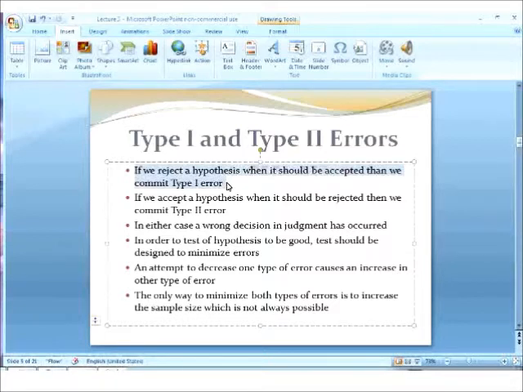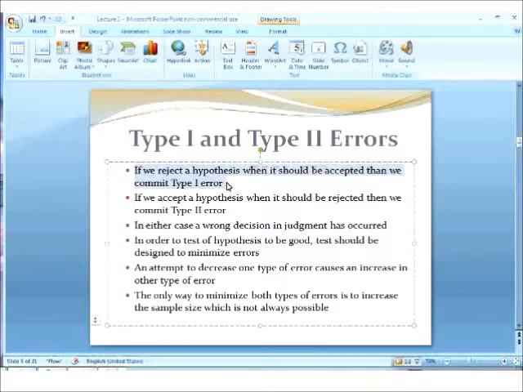Now, in order for a test of hypothesis to be good, in order that we should be more confident about whatever decision we are making, tests should be designed to minimize the errors. The way you should formulate your hypothesis, and the data that you should collect. It is very highly recommended that you should make minimum errors.